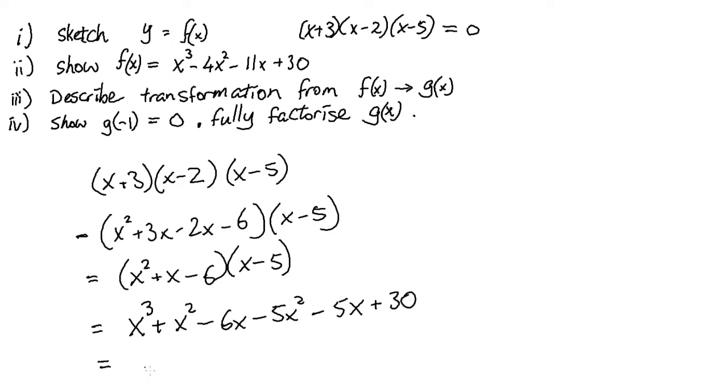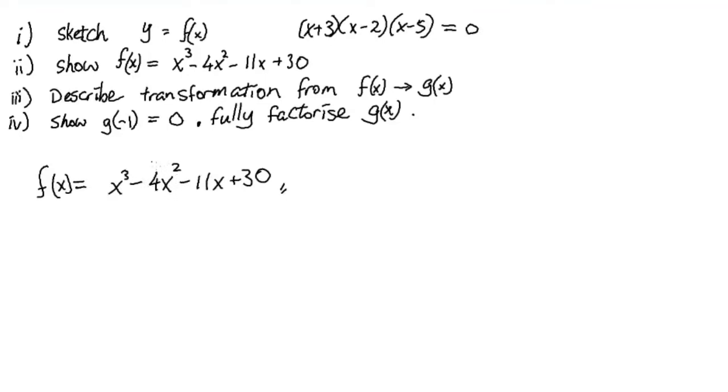If you simplify every expression, you should get x cubed minus 4x squared minus 11x plus 30, which is the given solution of part 2. That is what you're looking for, and you have proven that the left hand side of the expression is equal to the right hand side.